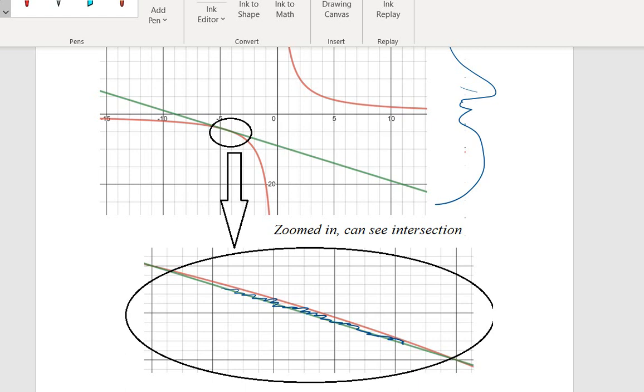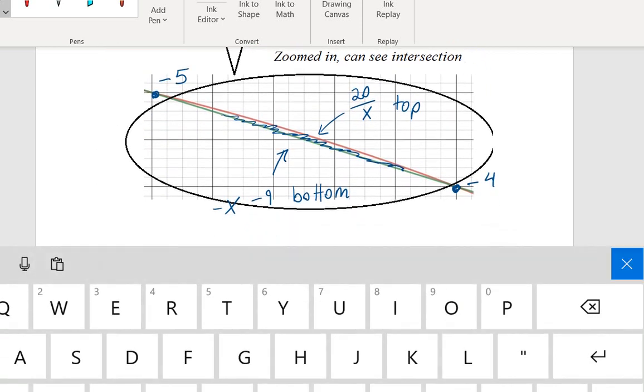When I zoom in, I notice that 20 over x is on top, and -x minus 9 is on the bottom. Also, where these guys intersect, which we'll see in just a second, is that I set them equal to each other, and they intersect between -5 and -4. So let me show you how we do that algebraically.